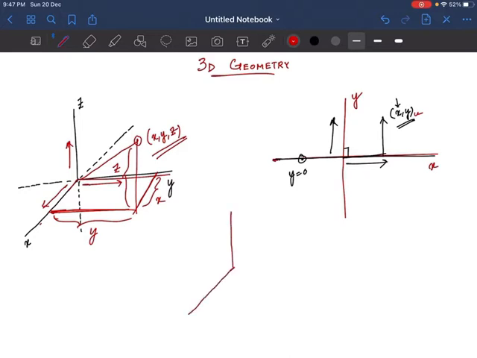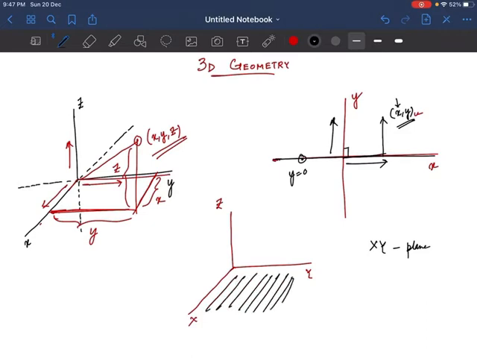Now here I have a fact. Since we have three axes in here, z, y and x, we can form planes. What type of planes? One will be the xy plane. This one is the xy plane. Basically 2D is nothing but the xy plane.